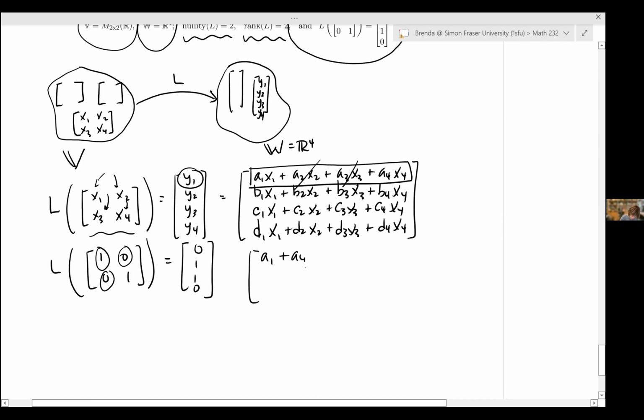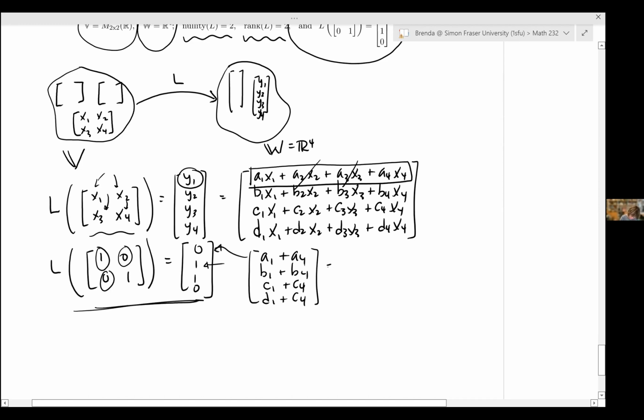So this number right here is formed by the sum of a1 plus a4. And this next number is formed by the sum of b1 plus b4 by exactly the same logic. And similarly, c1 plus c4 and d1 plus d4. That's the information that we're getting out of this statement right here.